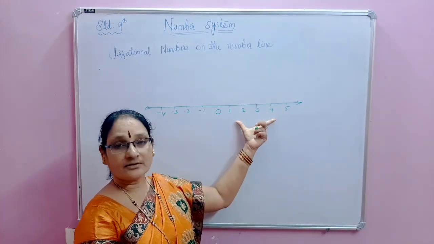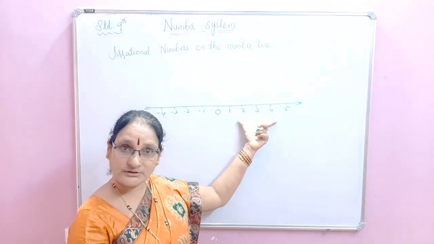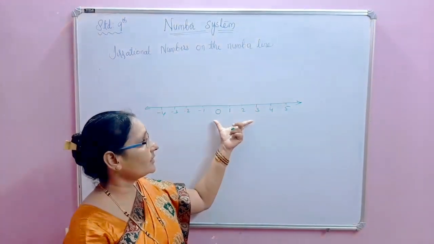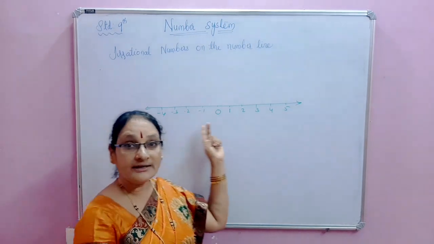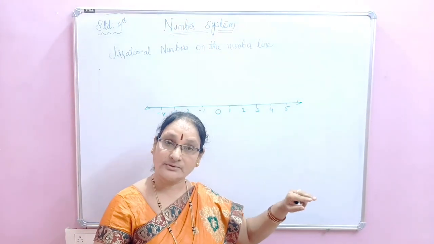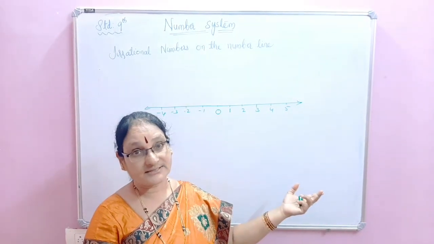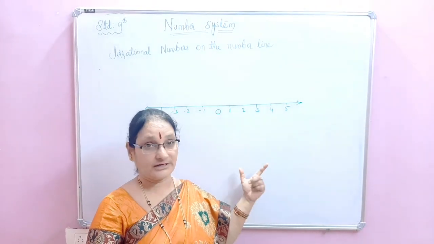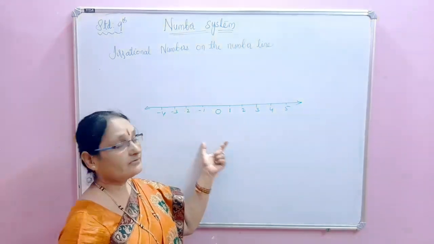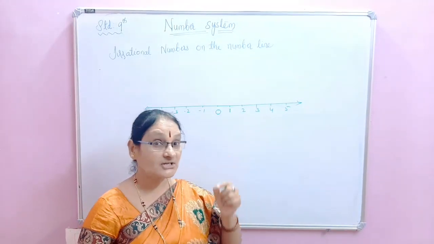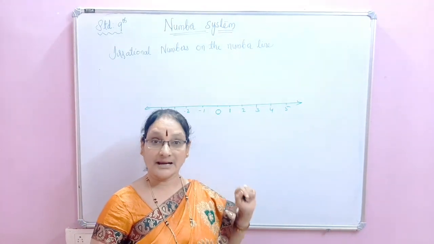We can locate the natural numbers, the whole numbers, and all integers, that means positive numbers, negative numbers as well as 0, on the number line. And we also learnt that we can locate the rational numbers on the number line.